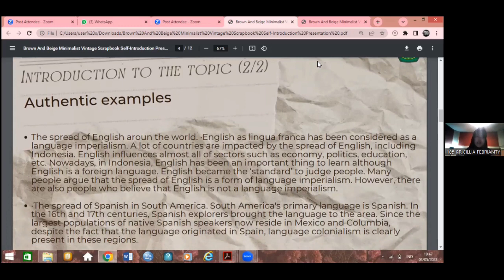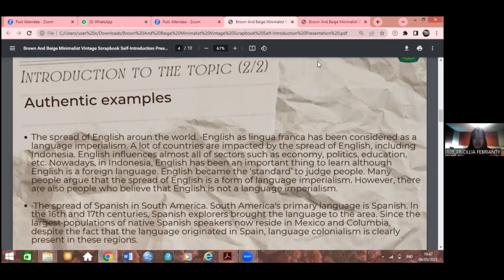English as lingua franca has been considered a language imperialism. Why? Because it can be caused by a lot of factors. A lot of countries are impacted by the spread of English, including our country, Indonesia. English influences almost all sectors such as economy, politics, education, and so on.